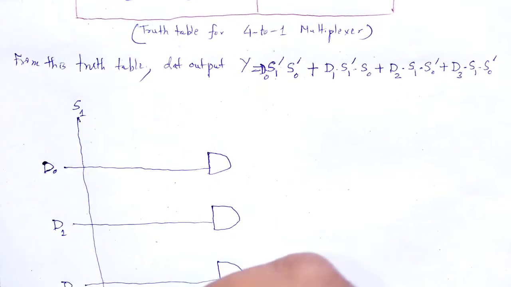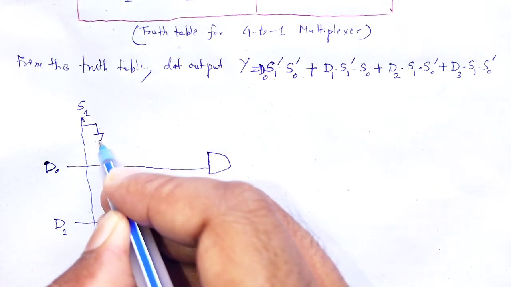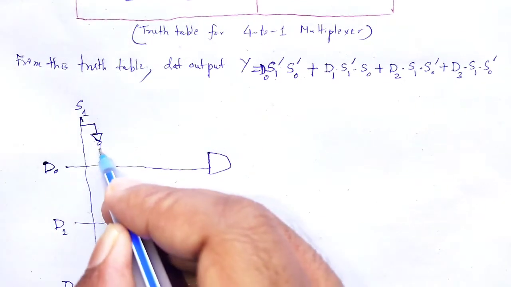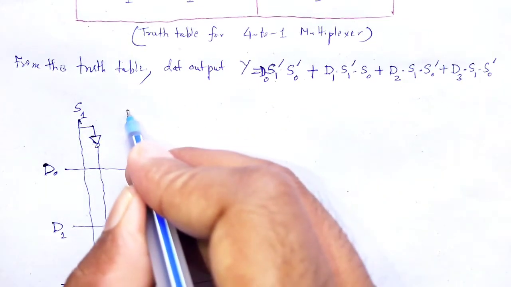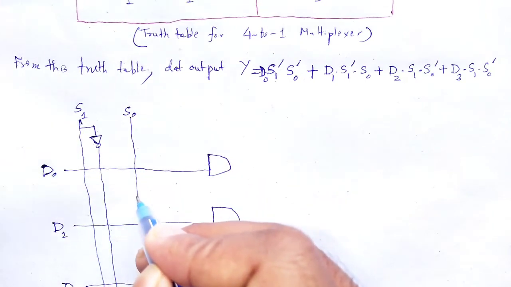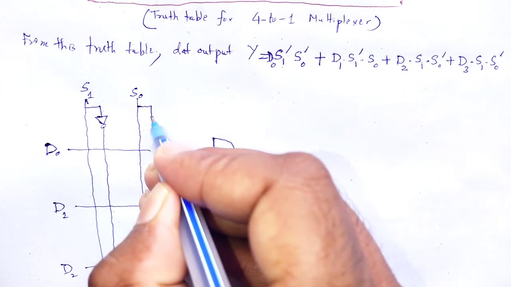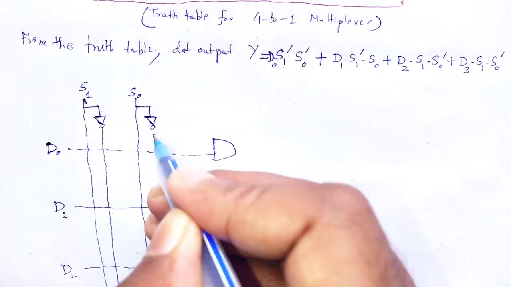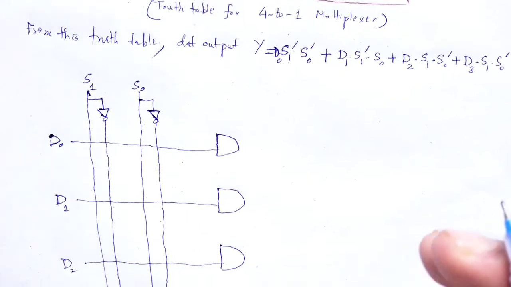Next S1 dash, use a NOT gate, that line is for S1 dash. Next S0, that line for S0. For S0 dash, use a NOT gate here, that line basically for S0 dash.